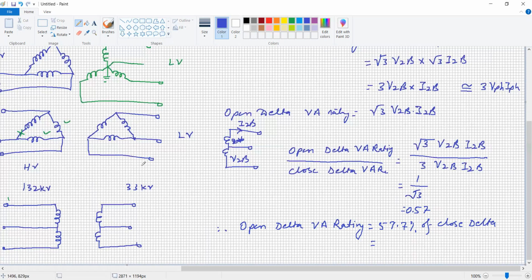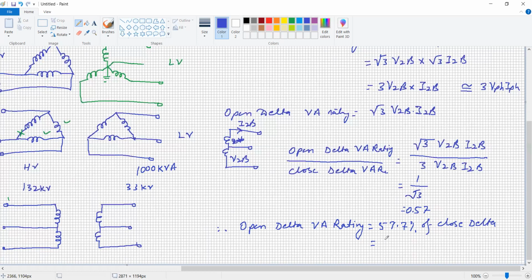Suppose the rated capacity is 1000 kVA, then under fault condition, it can supply balanced power to the load circuit up to 57% of its rated capacity.